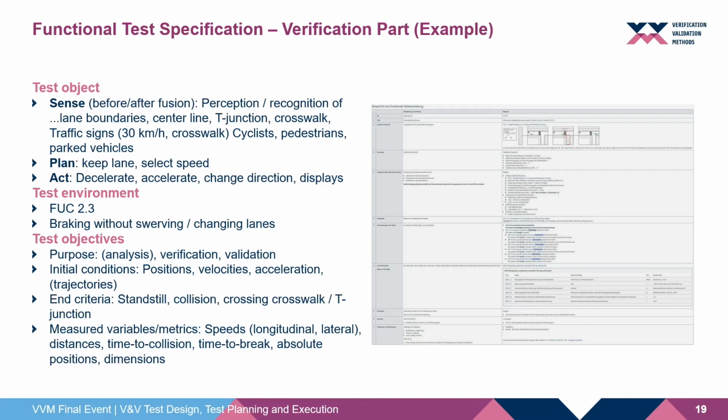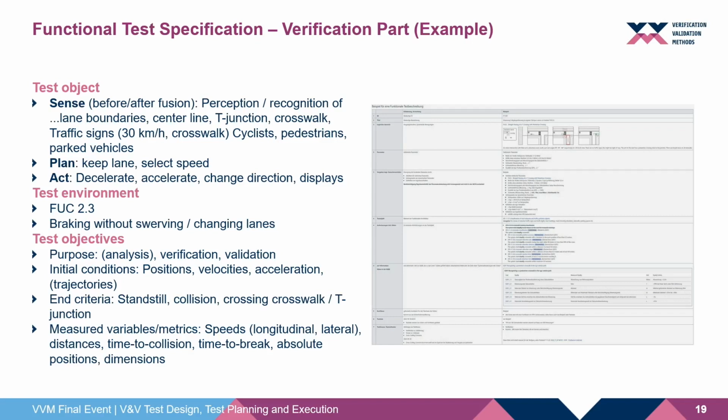And now I have 2 more slides showing on one hand the functional test specification, and here we call it, it's just an example, but we call it the verification part. I've been talking about the distinction between verification and validation some slides before. And here again we specify the test object, the environment, and the objectives of the test, but in a functional description.